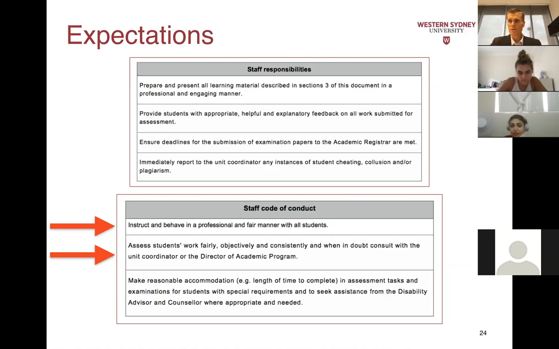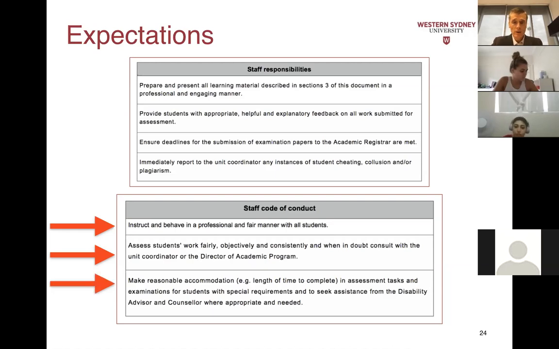I won't be the only person assessing things, but I'm the person that coordinates that and has the final say. I want to do that fairly and objectively and consistently according to set criteria. So all the assessment material that you're given will have criteria that are used in order to mark that particular item, and we will use those, and they've been developed to provide a framework so that things are marked consistently.